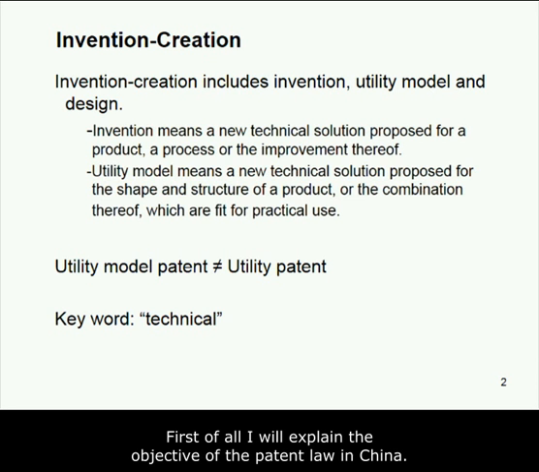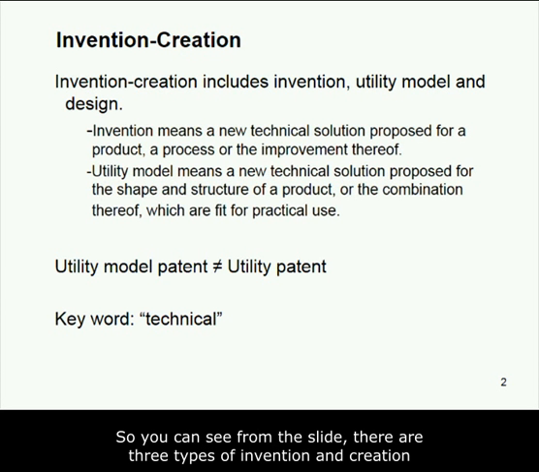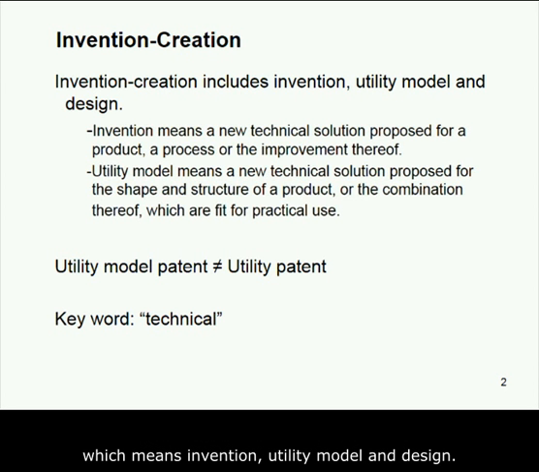First of all, I will explain the object of the patent law in China. The patent law is to protect invention and creation. So you can see from the slide, there are 3 types of invention and creation, which means invention, utility model, and design.